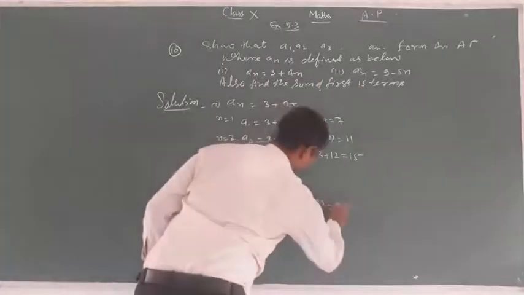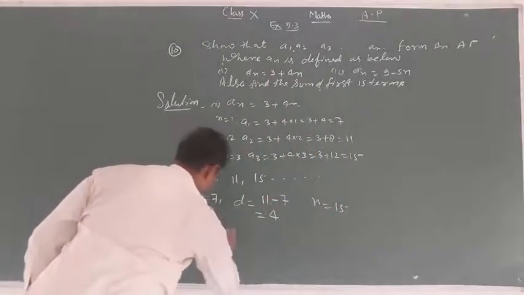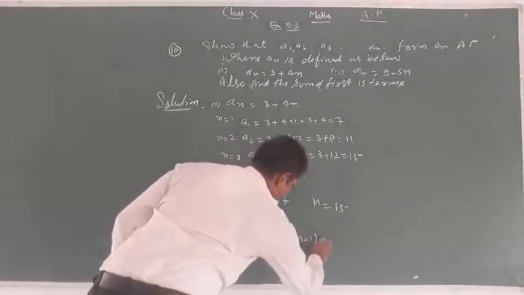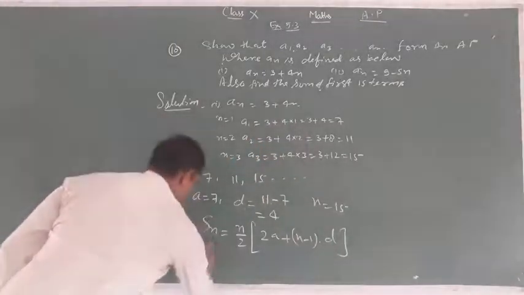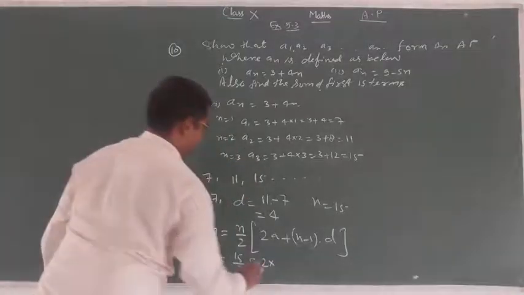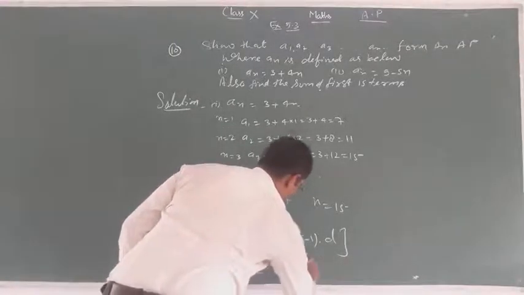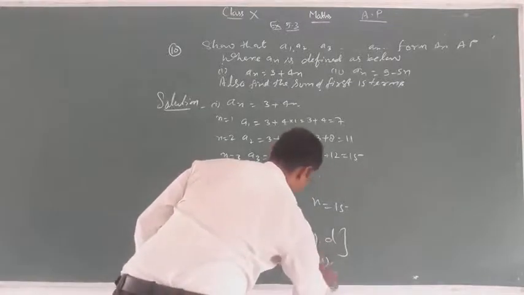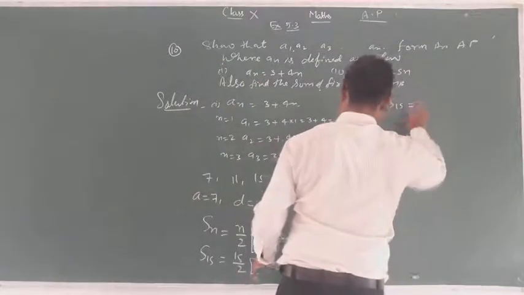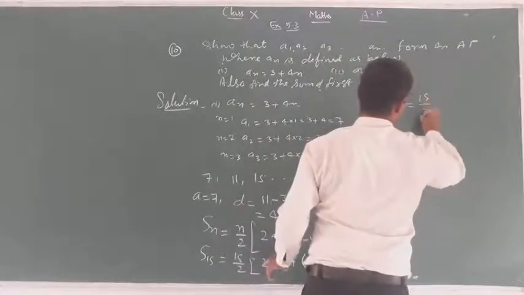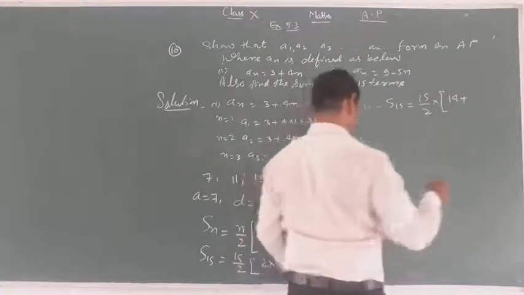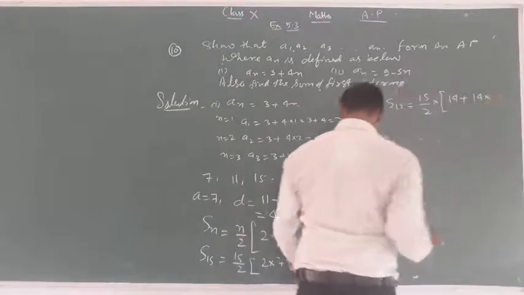And also find the sum of first 15 terms. So n is equal to 15. Now Sn is equal to n by 2 in bracket 2a plus n minus 1 into d. So S15 is equal to 15 upon 2 into 2 times 7 plus 15 minus 1 into d for 4. So S15 is equal to 15 upon 2 into 14 plus 14 into 4.